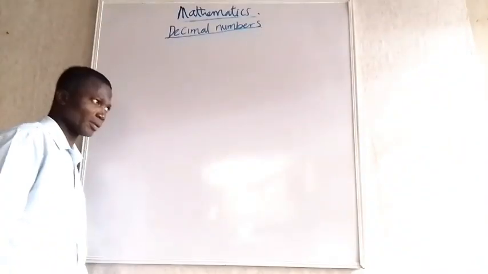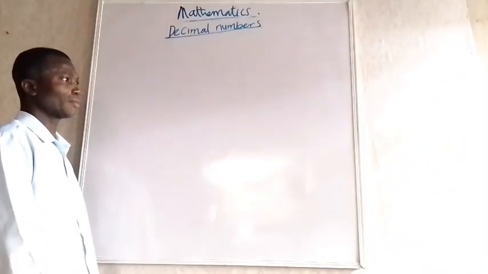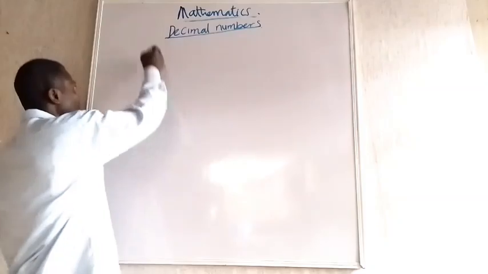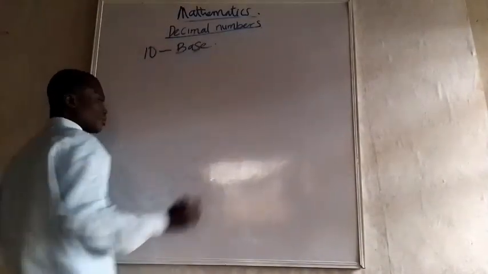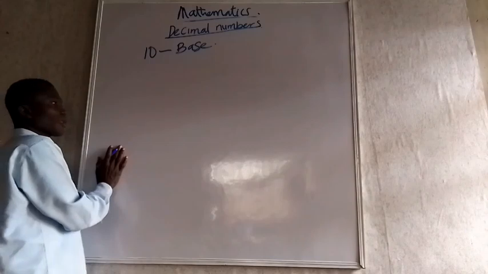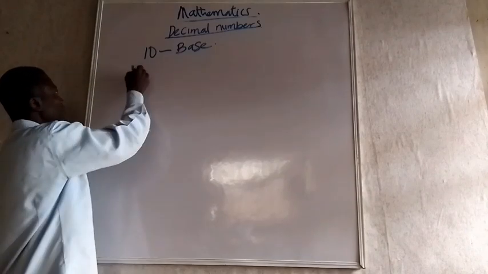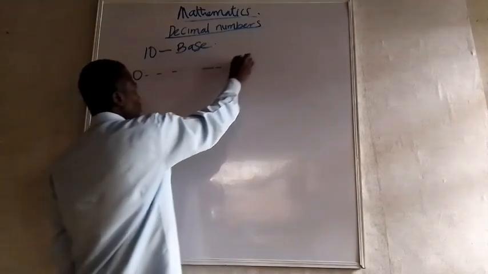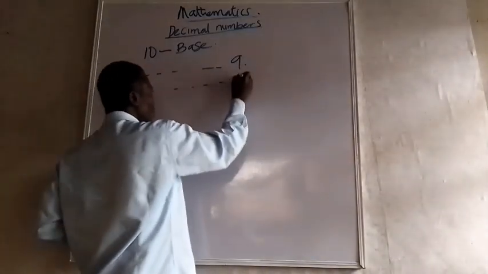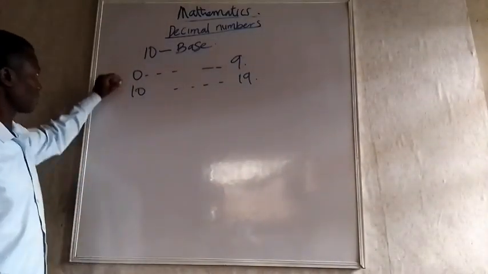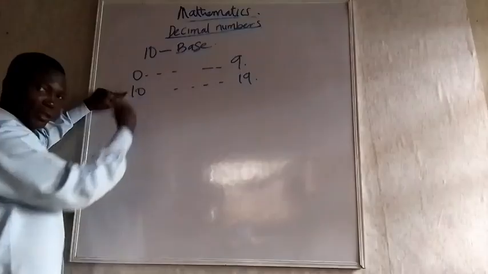When you look at the numbers we use, it is the number base of 10. How do I mean? If you look at it, we'll do something like this. This is from 0 to 9. The next one will be from 10 to 19. You can see, when it comes to the next stage, it continues like that.